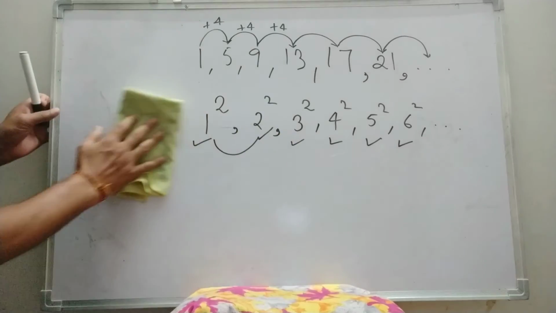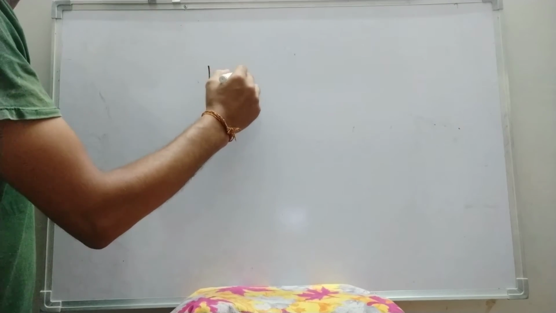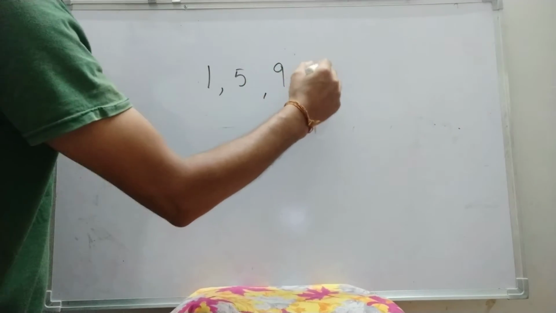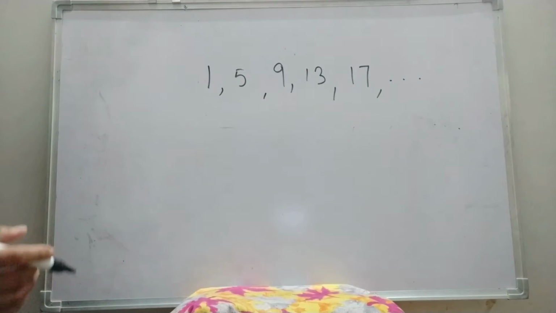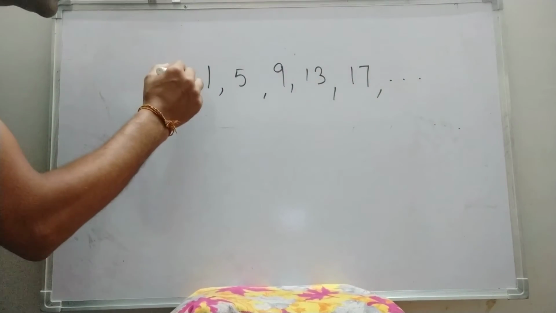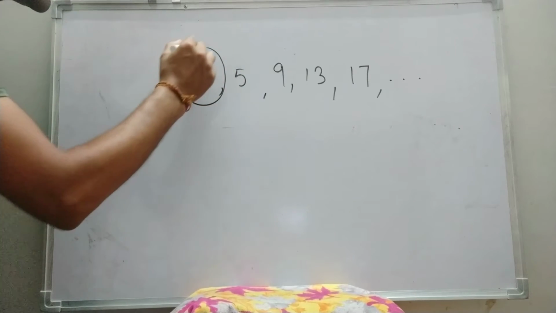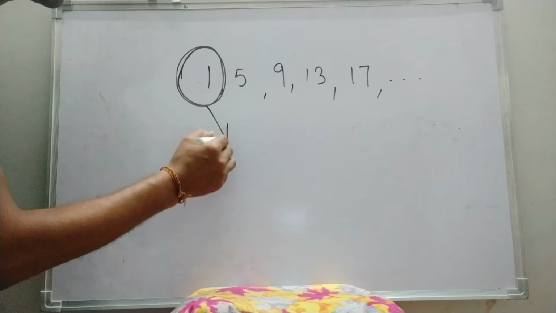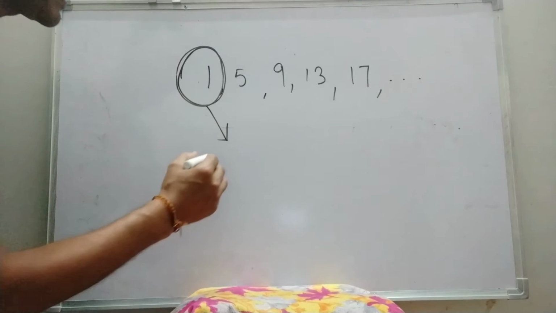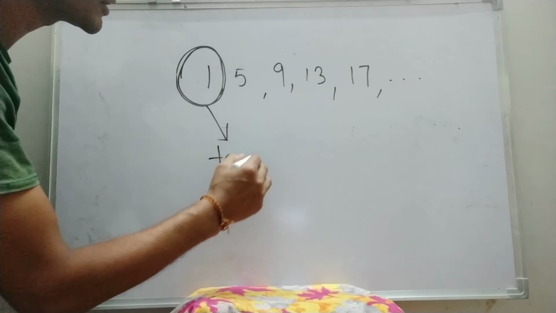Now students, I am writing one example of the sequence. Let us see here. 1, then 5, 9, then 13, then 17, and so on. Look here students. This is the first number of this particular sequence, and it will be called the first term.